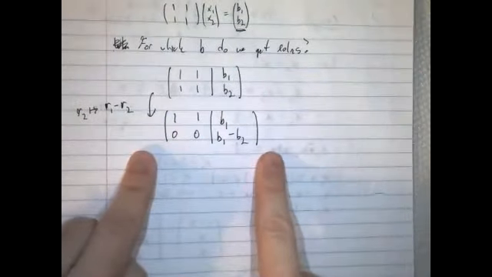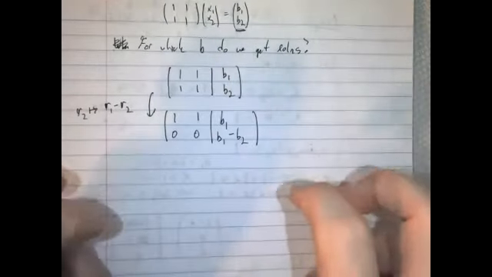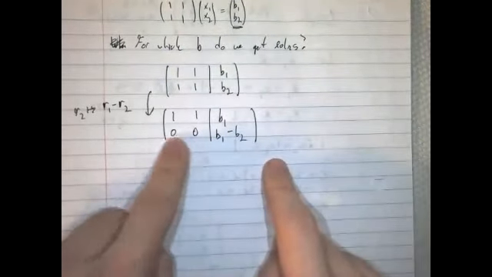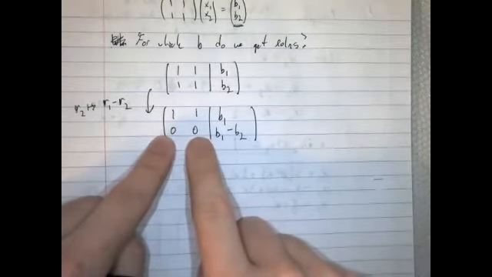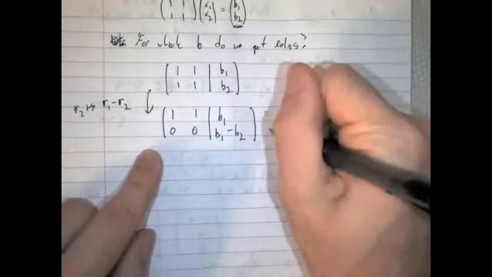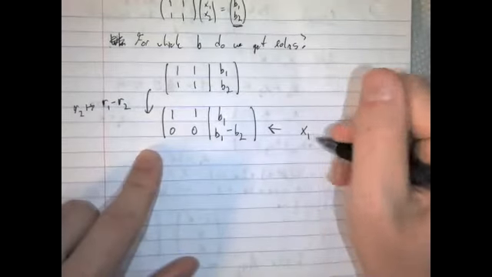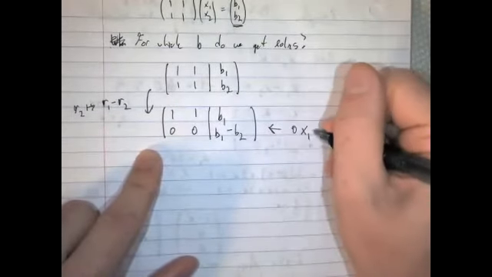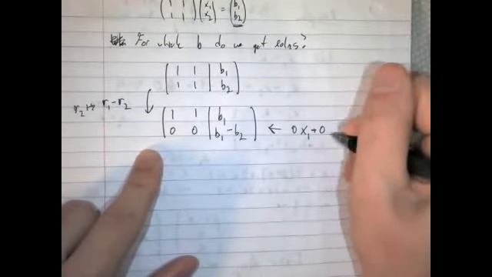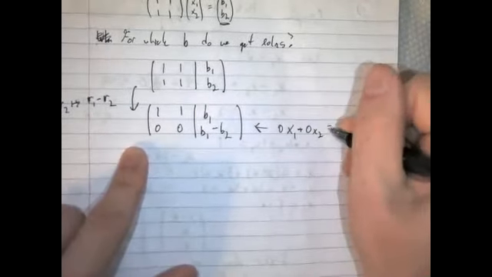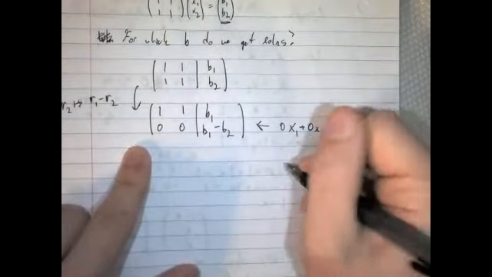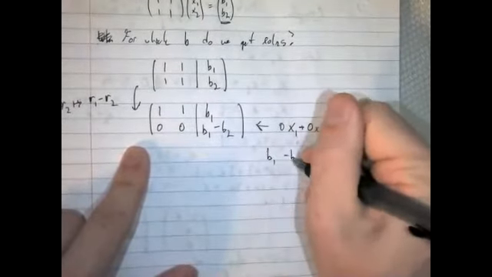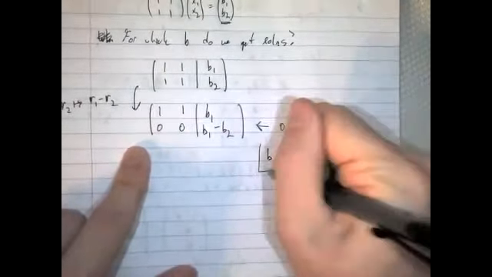Okay? So now I have upper triangularized, but one of my rows has no 1 in it. It's just 0. So this last line tells me 0 x1 plus 0 x2 is equal to b1 minus b2, or in other words, b1 minus b2 has to be equal to 0.